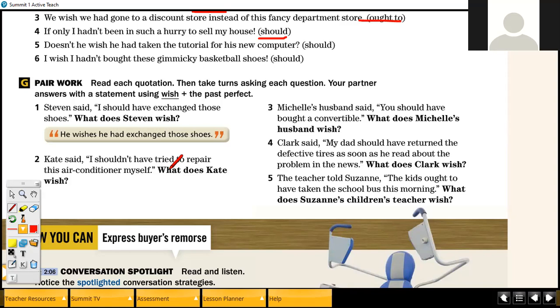Don't translate, don't tell me in Spanish. I just want you to repeat the sentence.